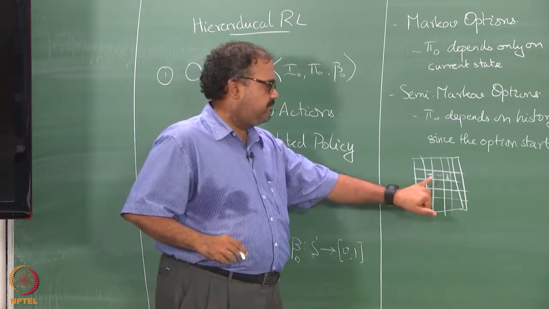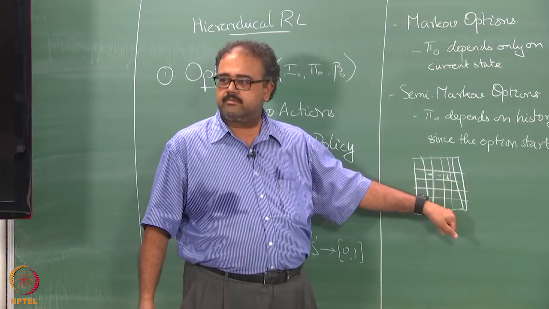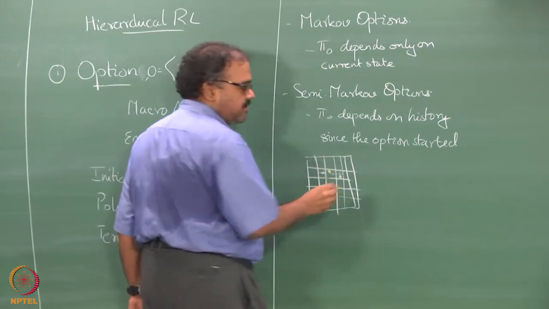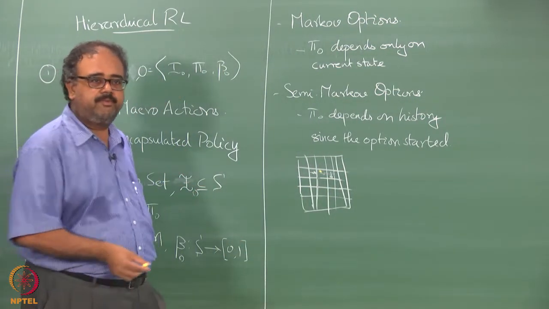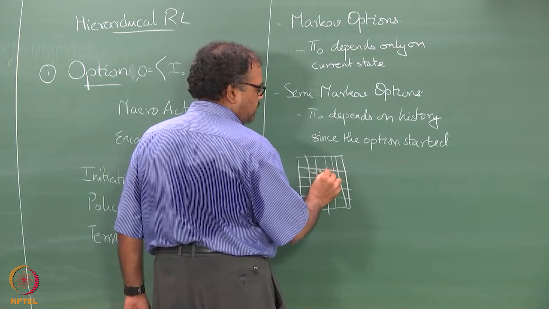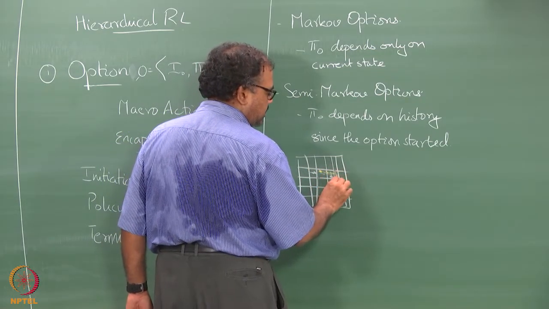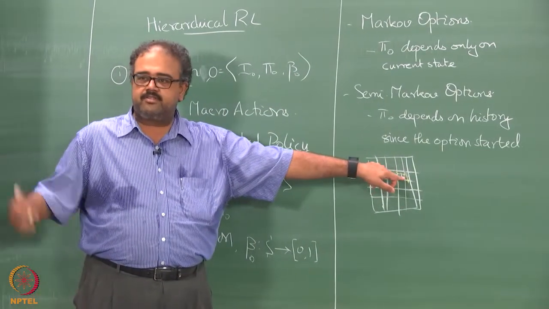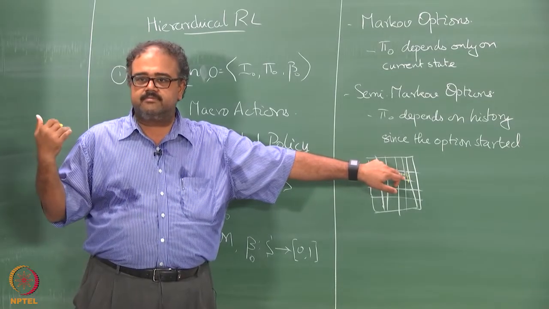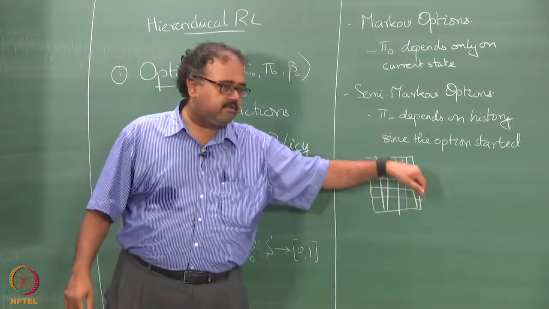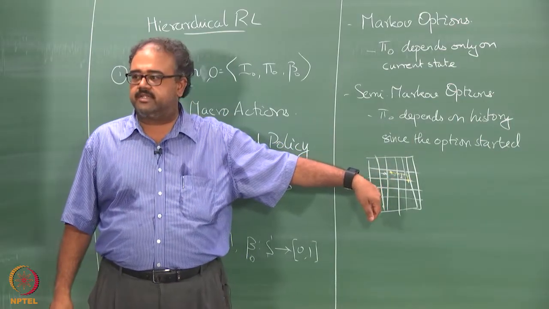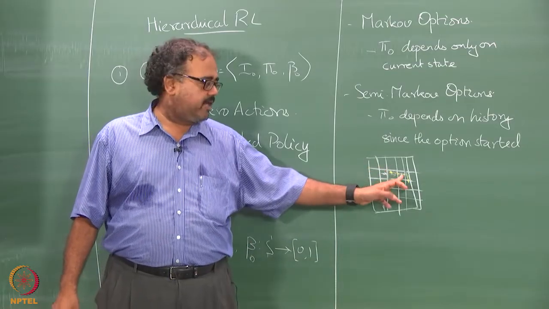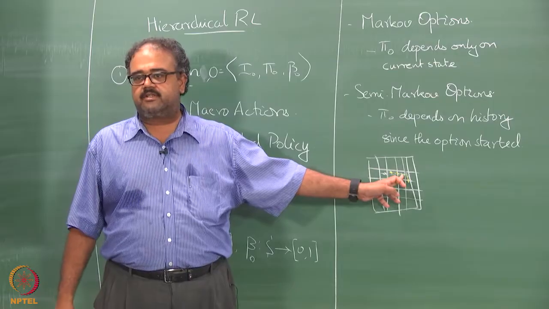In this state I go right, in this state I go down. But if I started the option here and said go right 2 steps and down 1 step, it will be this, and then that. So what I do in this state depends on where I started the option. Whether I go right here or whether I go down here depends on where I started the option. If it had been a Markov option, it shouldn't matter where I start the option. When I come to this state I should be taking the same action.